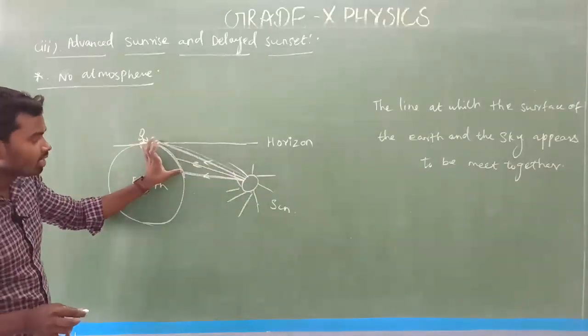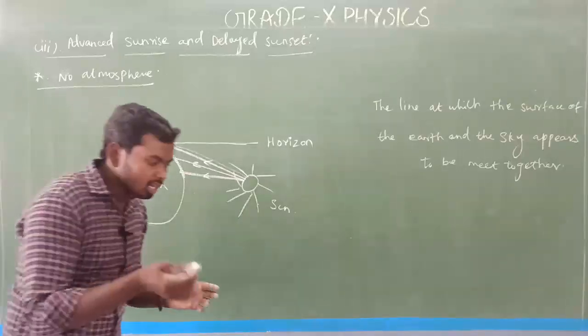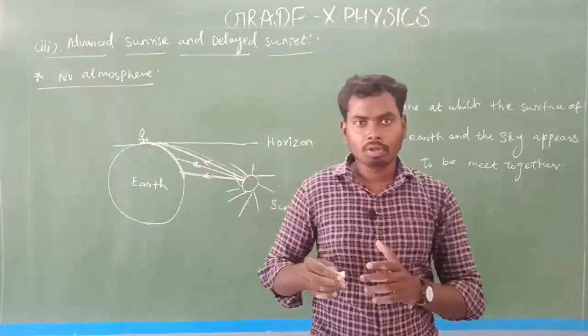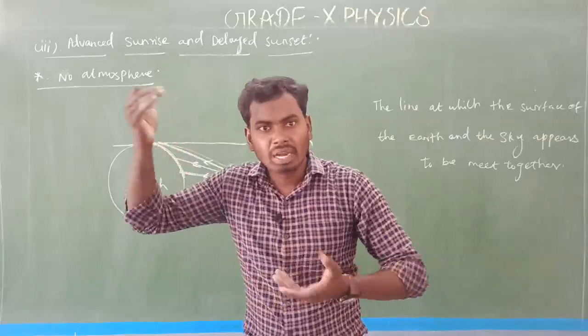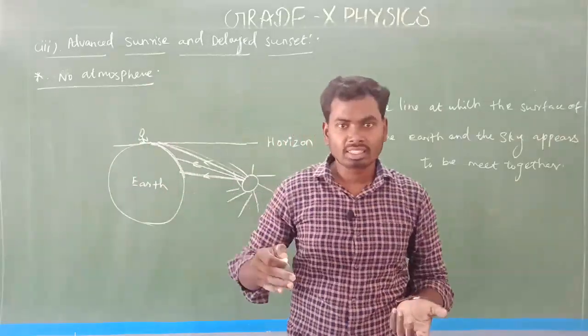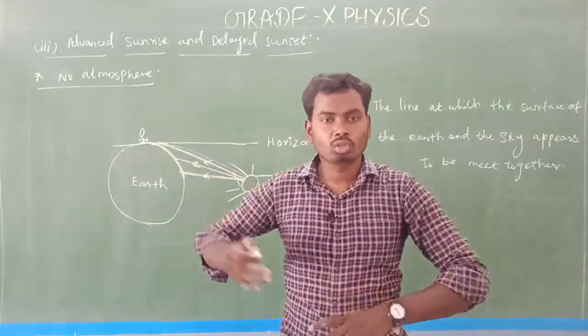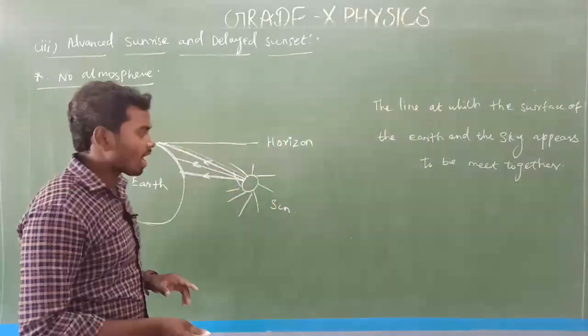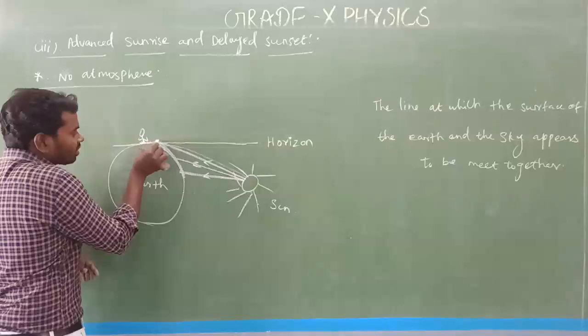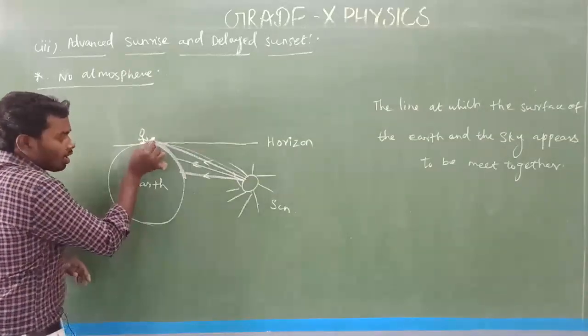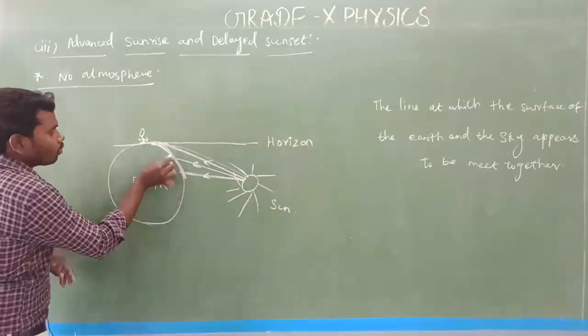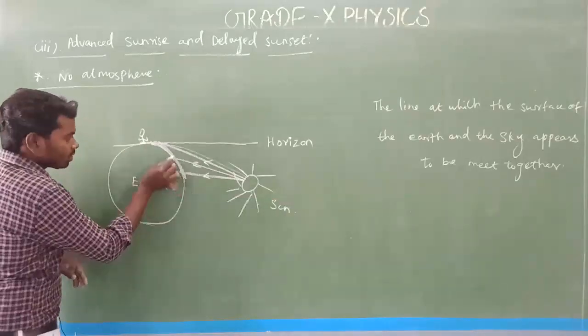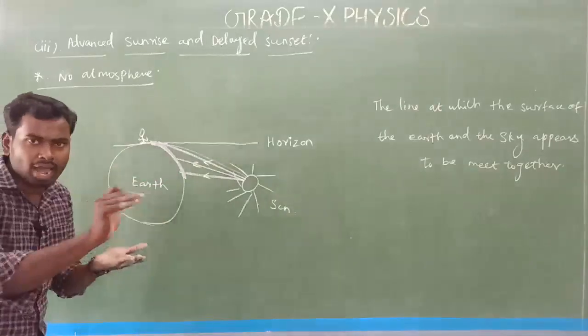The Earth's surface is made up of tall buildings, mountains, craters, and so many things. That is not a flat part. Am I right? That is a curved path, not a flattened path.